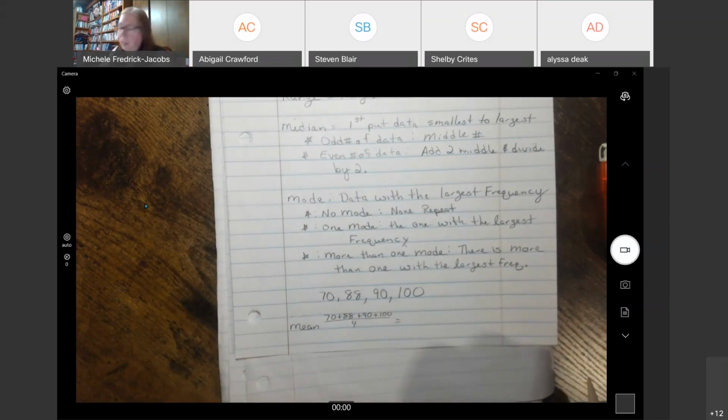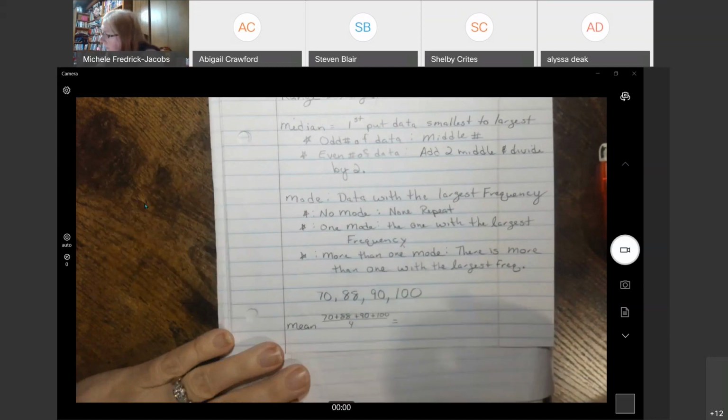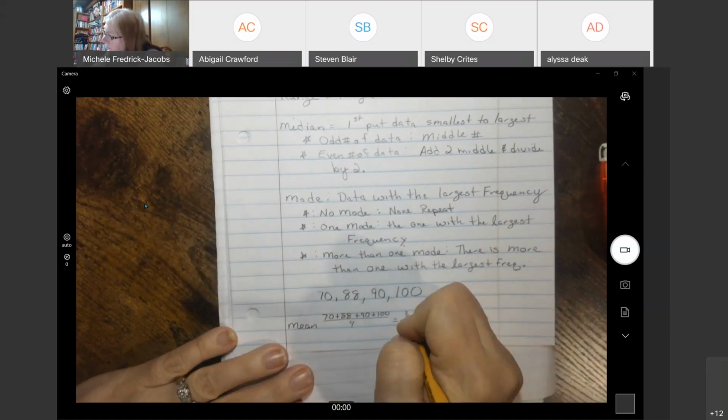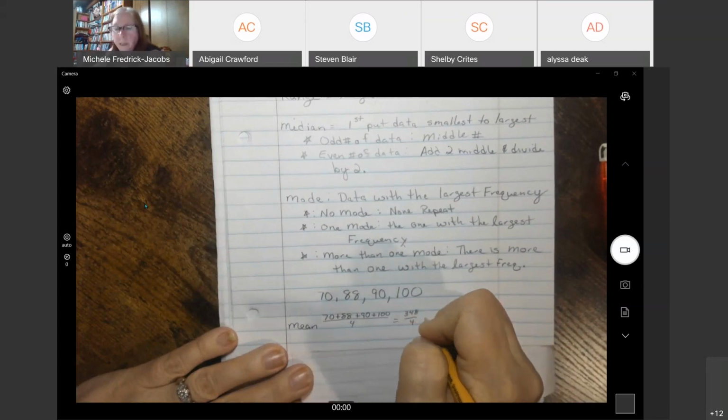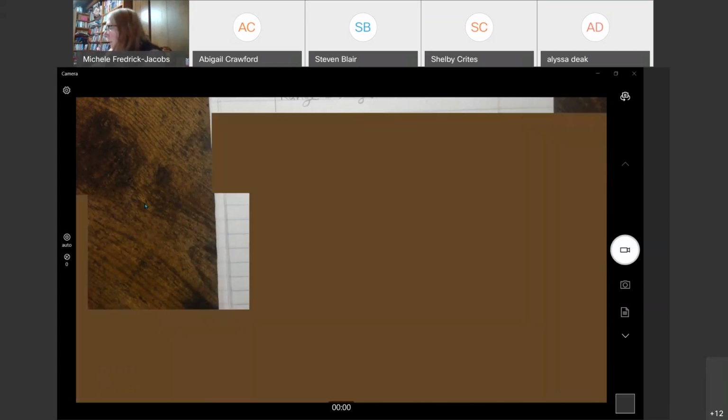So if we add up the data, we should get 348. Divided by 4, which gives us 87.